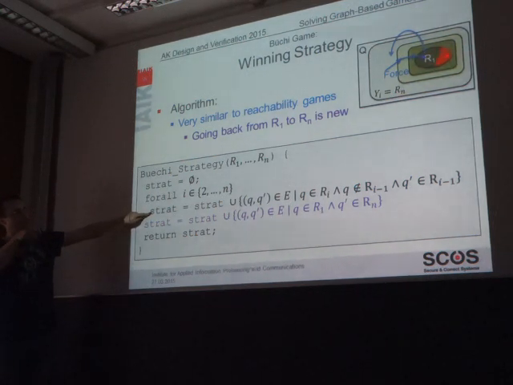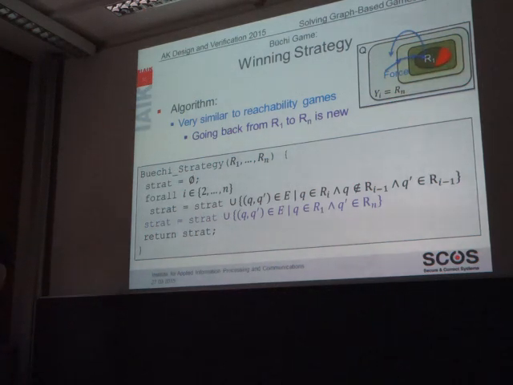This line here says go closer, closer, closer, and this line here says once you have reached your goal, this R1 here, go back to some state of Rn, because from there we can then reach F again, and again and again, and this way we reach F, which is R1 here minus this red part, infinitely often. So this is the general idea for Buechi games. It's actually not very different from reachability games. The only new part is this going back so that we can reach F again.